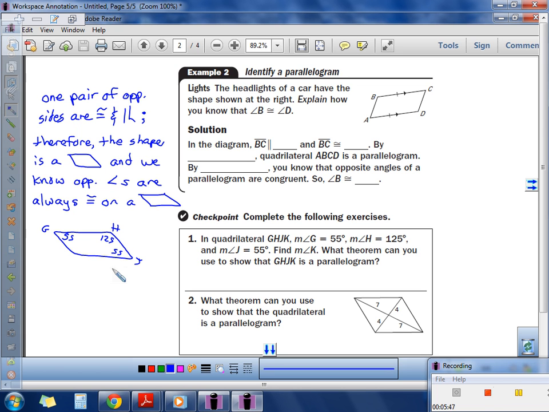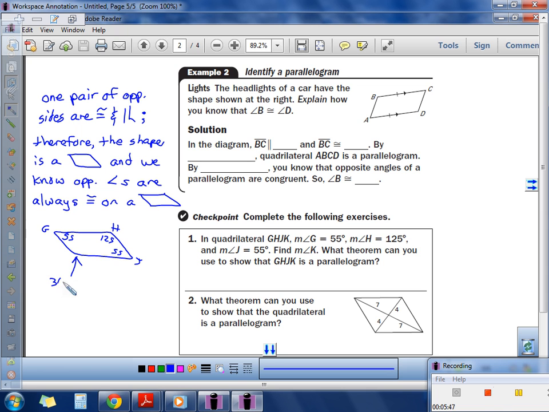You can't say opposite angles are congruent unless you know all angles. Do we know all angles? No, we're missing one. But we can find it out. If you can prove what that angle is, then you can use that property. How can you find that missing angle? What's the total of a quadrilateral? 360.